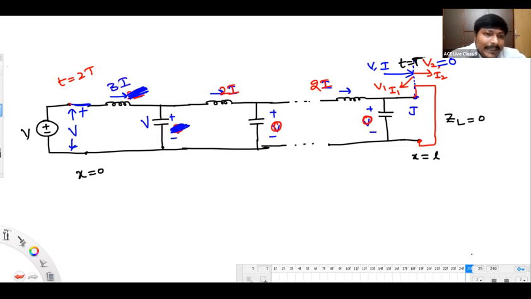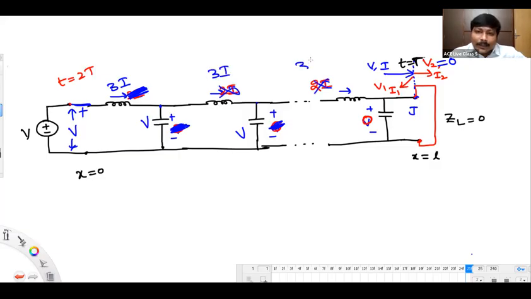At some point, this voltage will rise up to V and the current will become 3i. Again, we have voltage V here and voltage 0 there, a potential gap between these two. Because of that, the inductor starts gaining energy, the voltage modifies to V and the current becomes 3i.